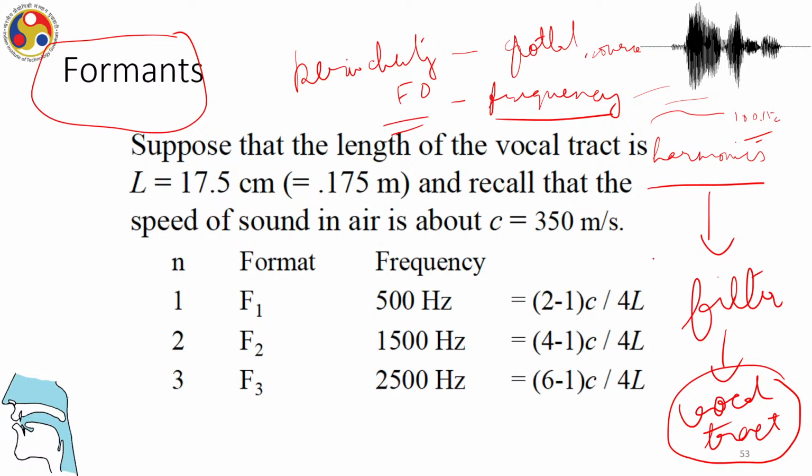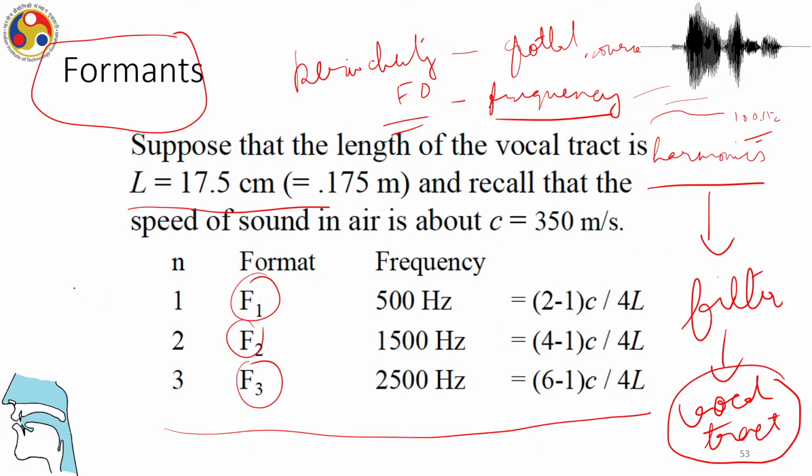And how we calculate those formants, this is the idealized way. How an algorithm will actually calculate the formants is slightly different, but this is the idea behind calculation of the formants. So suppose we take the vocal tract, an average vocal tract length is 17.5 centimeters, and then the three formants of the vowel schwa are calculated with this formula, which is (2n minus 1) times c by 4L, L being the length of the vocal tract.